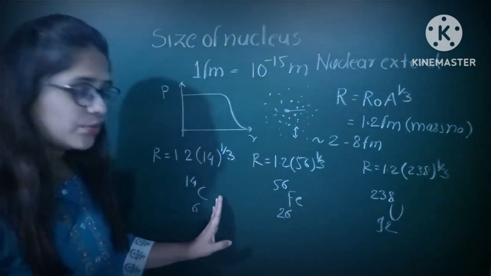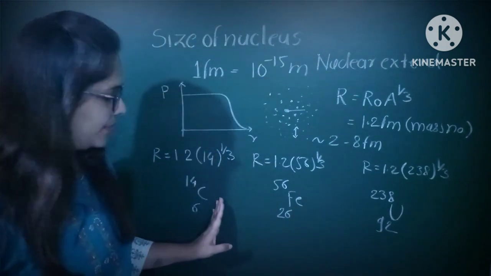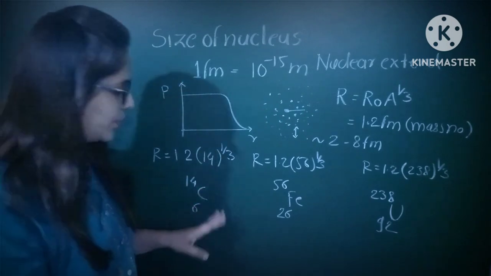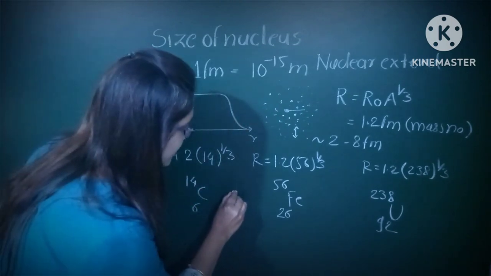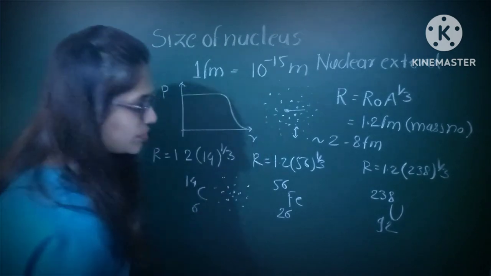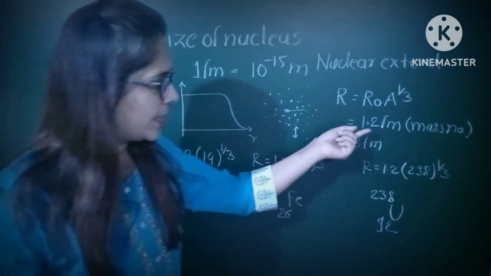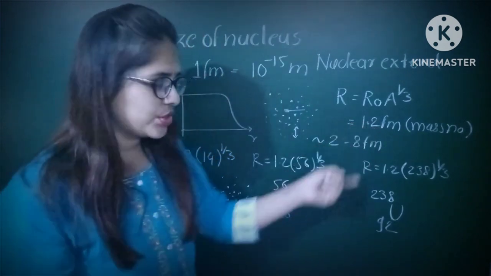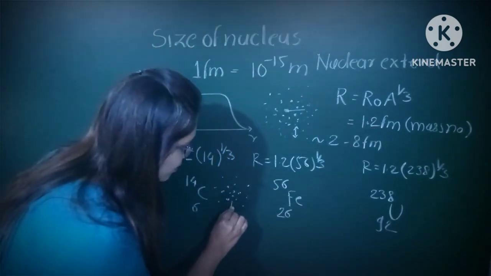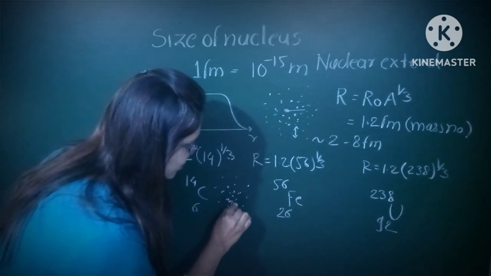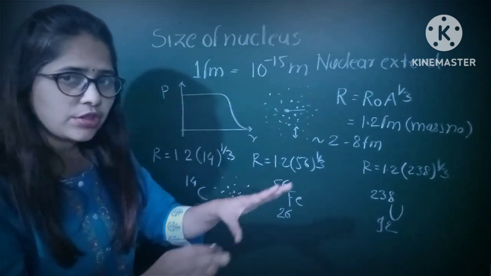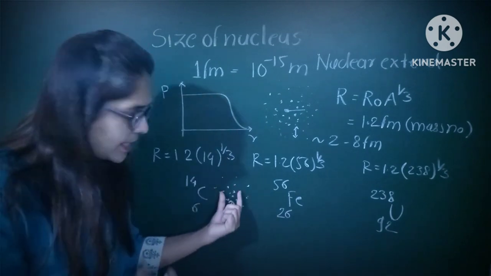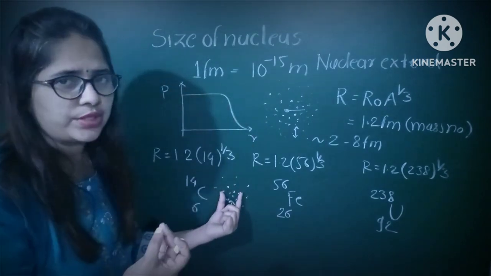Suppose this is the nucleus of carbon; it will consist of 14 nucleons. As I have already said, R naught is a shell cap which remains constant for all the nuclei, and what goes on increasing with mass number is the inner core of the nucleus.